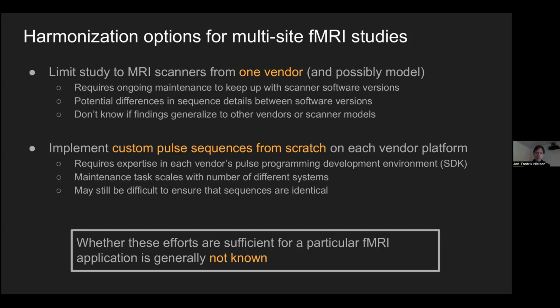And so what I want to acknowledge here is that we don't actually know the extent to which these efforts are really sufficient to reduce the inter-site variance, quote unquote, enough for a particular application or context.